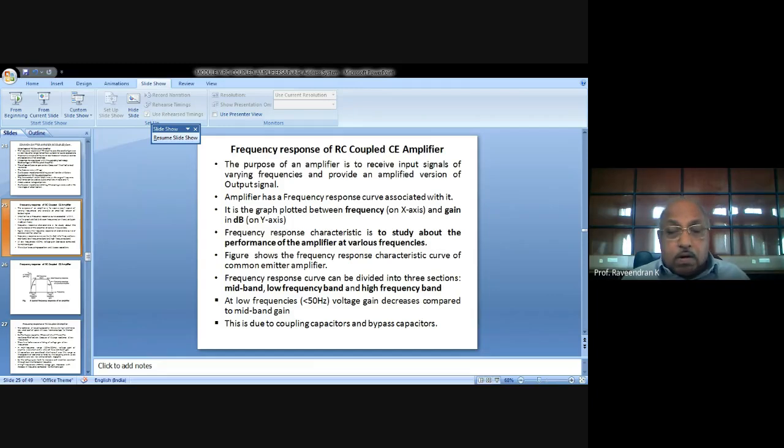The voltage gain is 0.707 AV, but the power handled by the amplifier will be half the power at the mid-frequency region. If the mid-frequency region power is P, then P by 2 will be the power at half power frequencies, that is 3 dB frequencies. So 3 dB frequencies are sometimes called half power frequencies. So with this, I conclude this frequency response characteristic of an RC coupled amplifier.